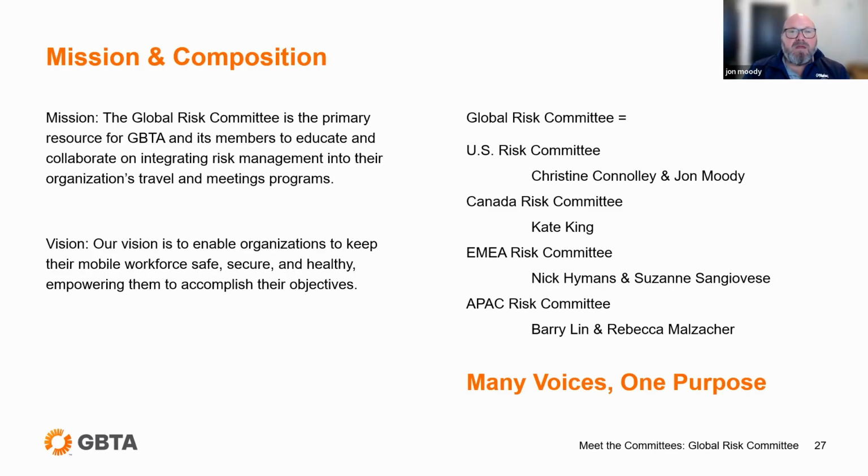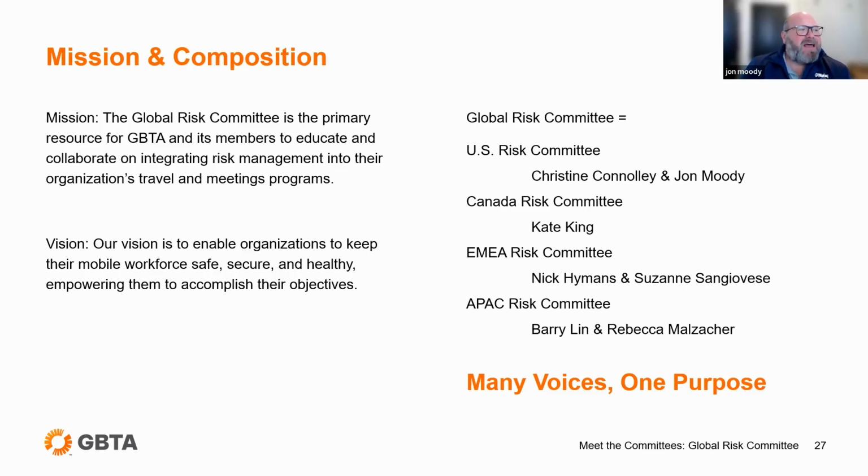The Canada Risk Committee is chaired by Kate King, who I think I saw on here as well. The EMEA is chaired by Nick Hymans with co-chair Suzanne Sangiovese. And then our APAC Risk Committee is Barry Lynn and Rebecca Malzakar. I haven't met her, so I might mispronounce her name, but I think it's Malzakar.